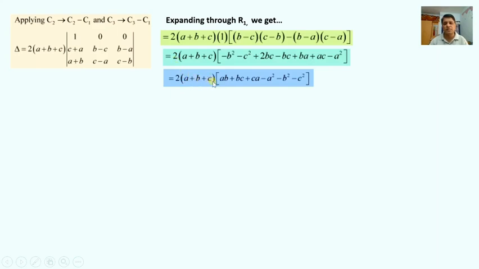Twice of A plus B plus C, and this AB we have written here, and twice of BC minus BC is BC, and then CA is this one, and then minus A square here, and B square here, and C square also there. Now we got A square, B square, C square negative, and these terms positive, but a square of any number cannot be negative in general.